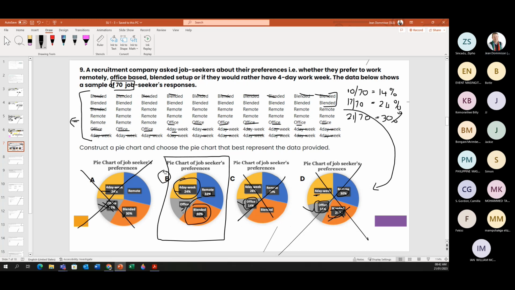Okay, so you could also go and work out remote. You can count it, but I would have said 70 minus the rest, which is 22. So 22 divided by 70 would then give you, that is quite interesting, 51%, unless I now made a mistake.